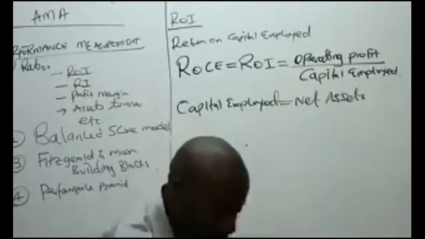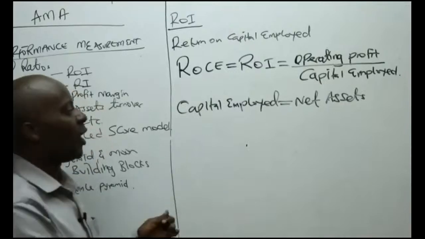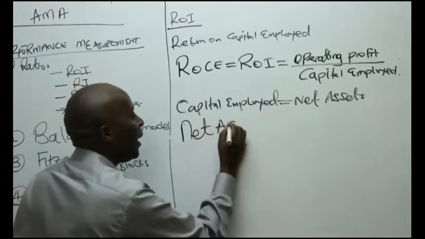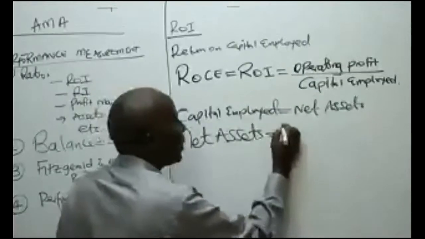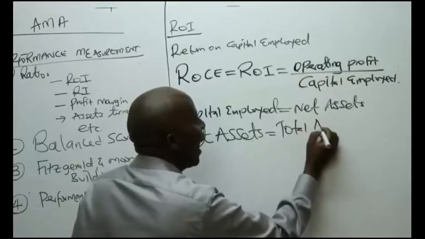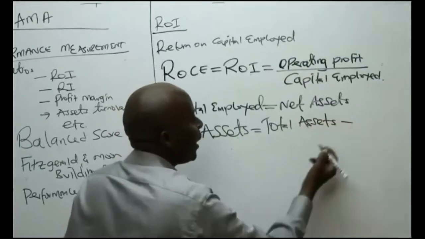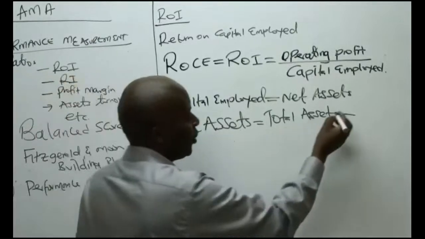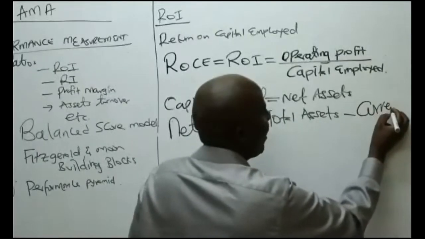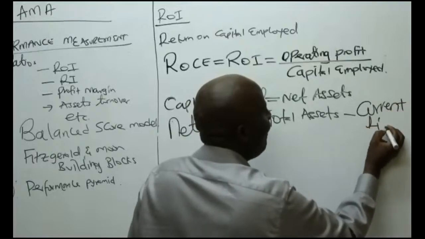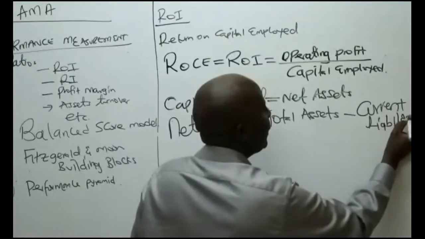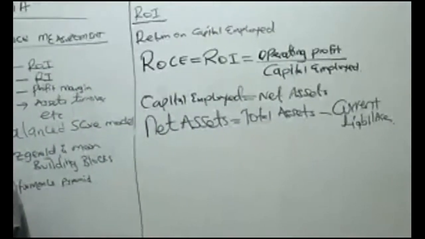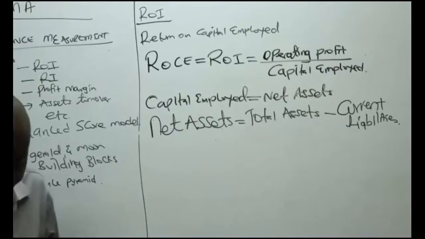And to get net assets, we normally take total assets minus current liabilities.